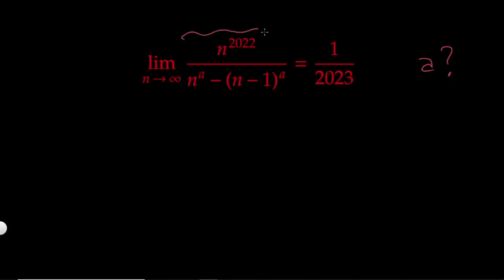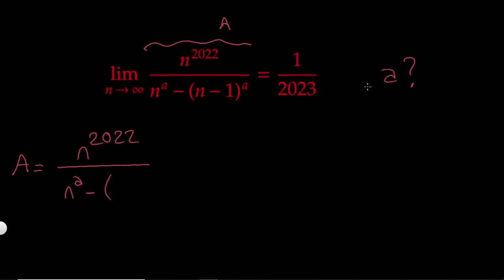So let's call this thing a. It depends on n, so I could say a_n, but I'm lazy. So I have n to the 2022 over n to the a minus, and I'm going to open this thing. Let's write the binomial expansion: it's n minus 1, and my power is a choose k, and I can just put the powers as k and a minus k.